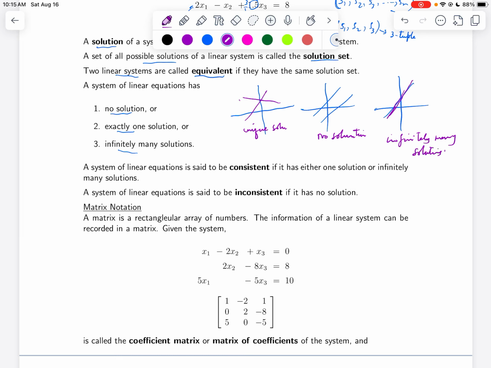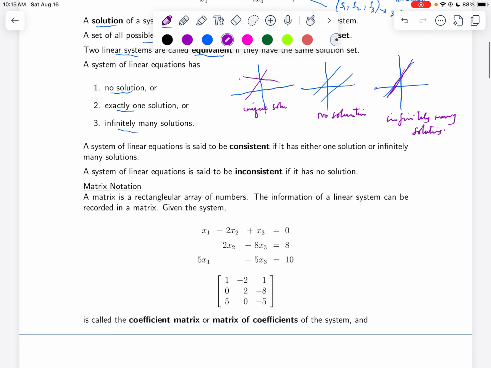So what we now do, we extend this idea, and you can check this visually on your computers with three linear equations in three variables.